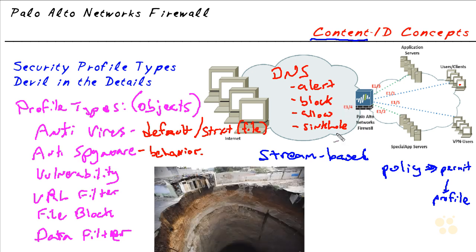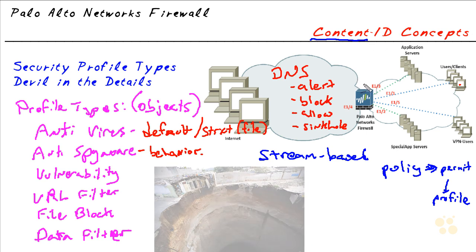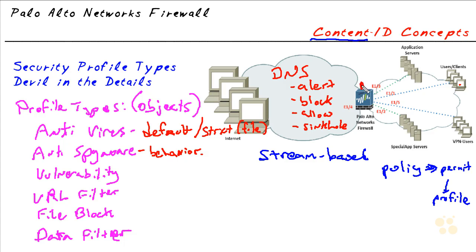The sinkhole is a very interesting one, because what this does is it allows your Palo Alto device, one of your loopback addresses, if you will, to pretend to be the DNS server. So the request comes in from the user, either going directly out or over here to one of your servers, wherever your DHCP server or your DNS server happens to be, makes a request locally, and that request goes out.